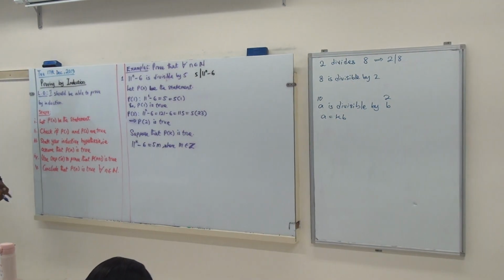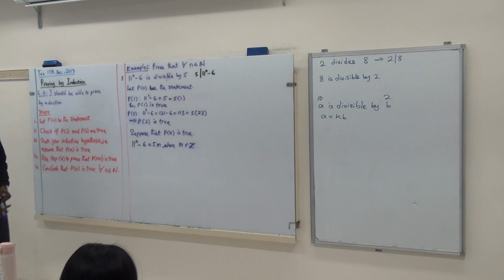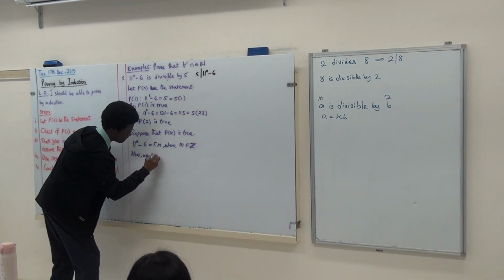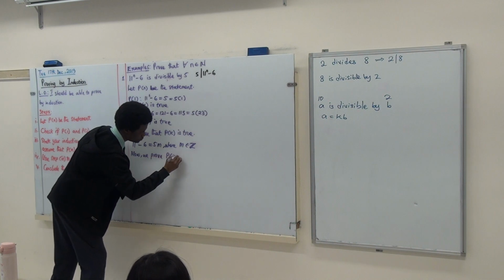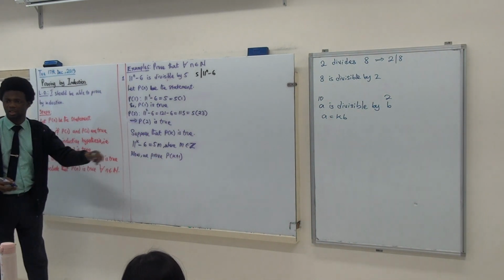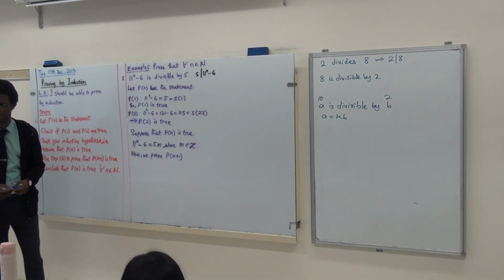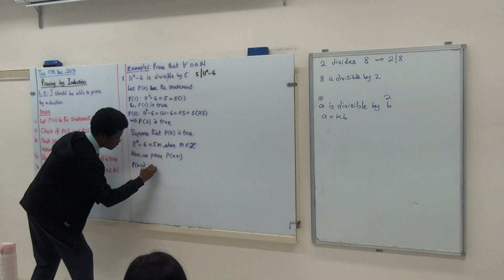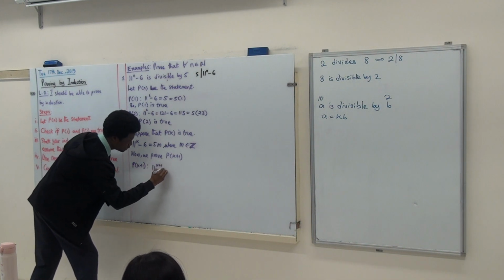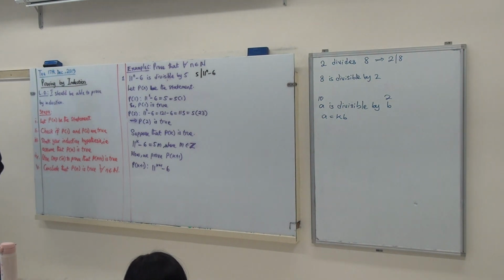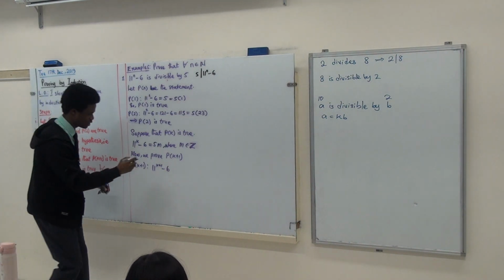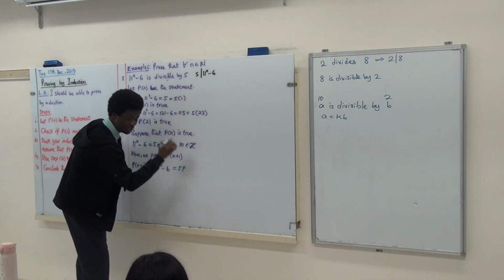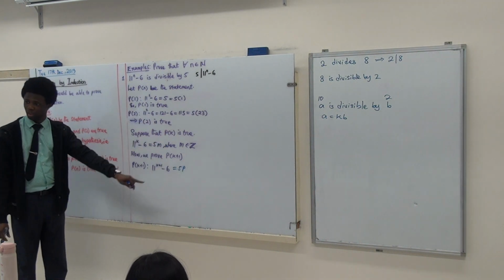Now, we use that to prove Pk plus 1. You don't need to write that; I'm just explaining what we are doing next. Your Pk plus 1 means 11 to the power k plus 1 minus 6, isn't it? We need to get to the point where we get 5 times some p, where p is an integer.